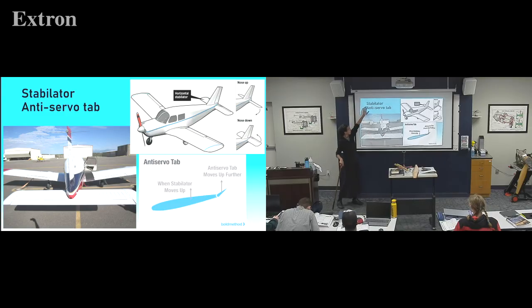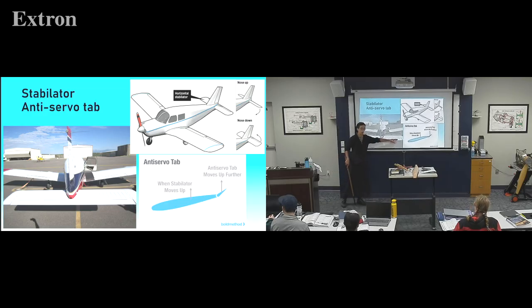And that is called a stabilator because it's the stabilizer and elevator combined in one. So, stabilator, the whole thing moves, and you can have the whole downward deflection, whole upward deflection, but it has to have an anti-servo tab on the back.